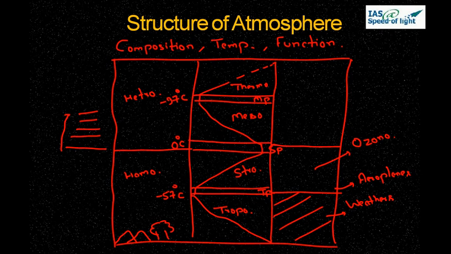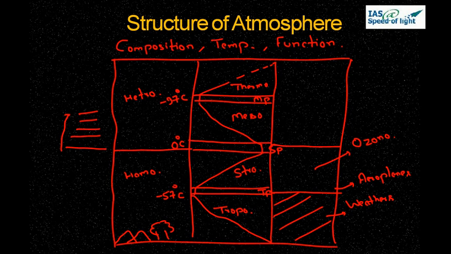We will get into the detail of this when we talk about the greenhouse effect and how the ozone molecules play their role in the absorption of the incoming solar radiations, ultraviolet radiations. As we have seen in our previous concepts, whenever the absorption of radiations happens, it will lead to higher temperature.